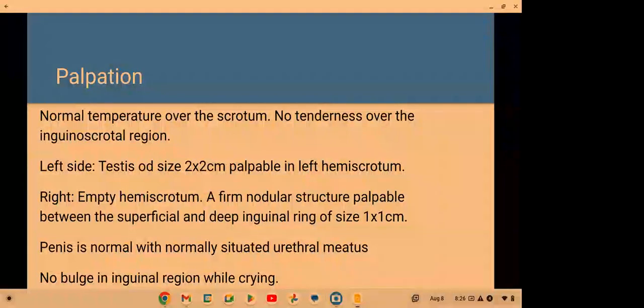Yes, ma'am, these are the other regions you have to palpate to look for an ectopic testis: root of the thigh, perineum, opposite scrotum, and the same-sided anterior superior iliac spine.